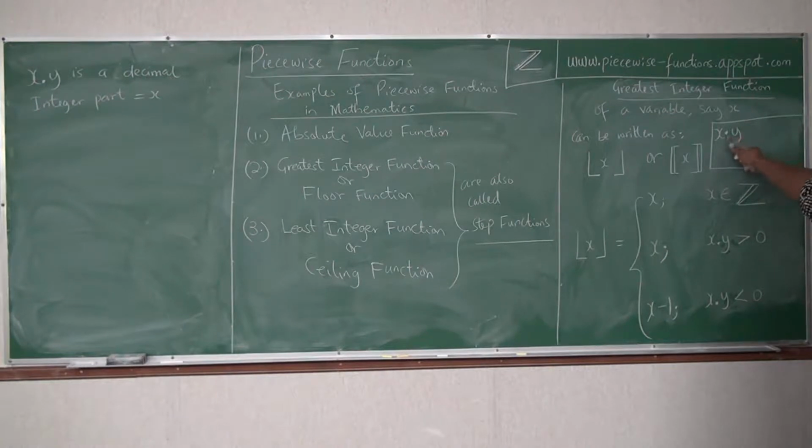But if it's a decimal, it's x point y. So for positive decimals, it's only x, the integer part of that decimal. And for negative decimals, you get the integer part and subtract 1.